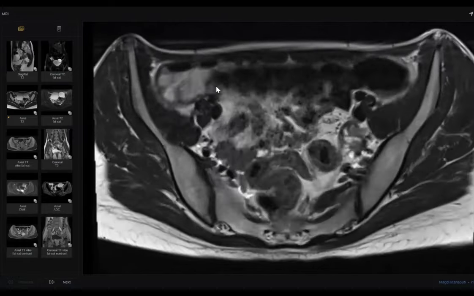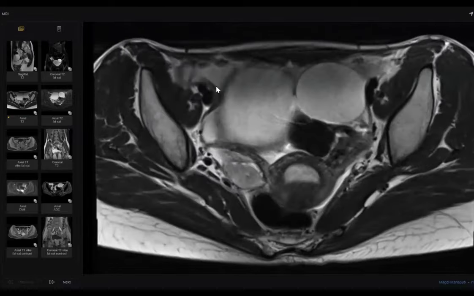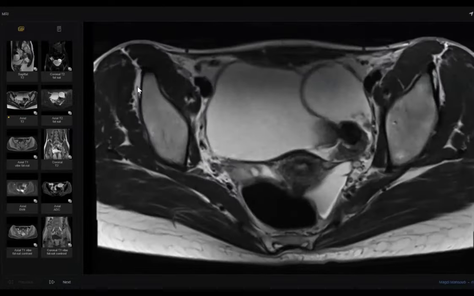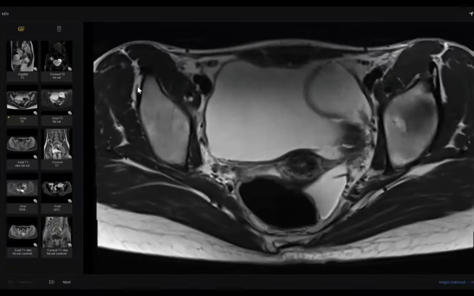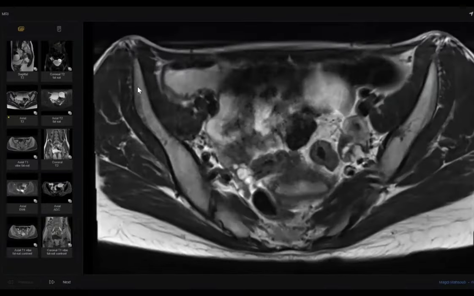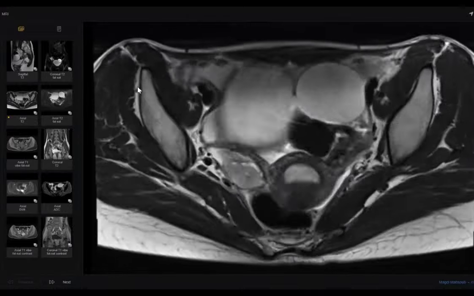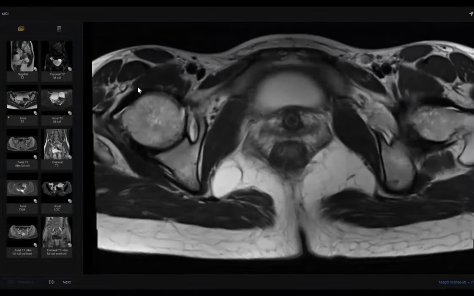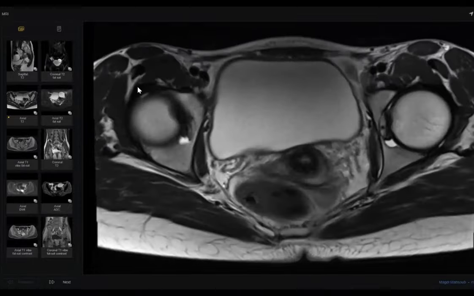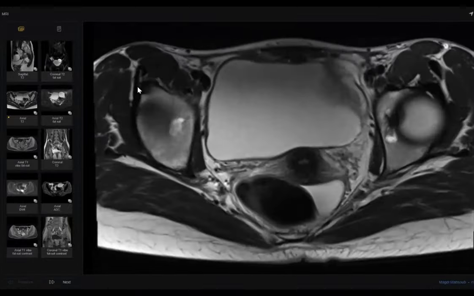This patient has sudden severe lower abdominal pain. So I am presented with the axial T2 MRI pelvis of a 20-year-old female patient presented with sudden onset of lower abdominal pain. I am taking a moment to see through the images and spot abnormality.